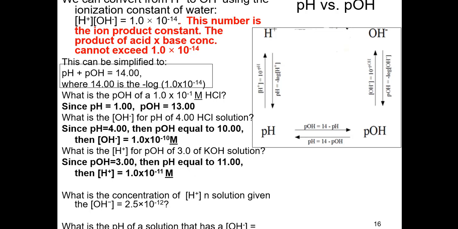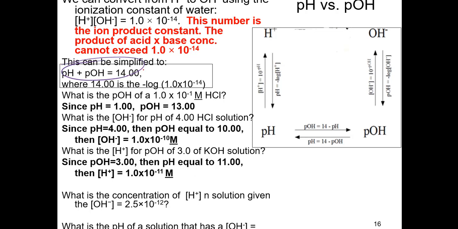But I want us to cut down the math a bit, so what we're going to do is take the negative log of everything. And when we do, we have this simplified ion product constant formula. So it's pH plus pOH equals 14.